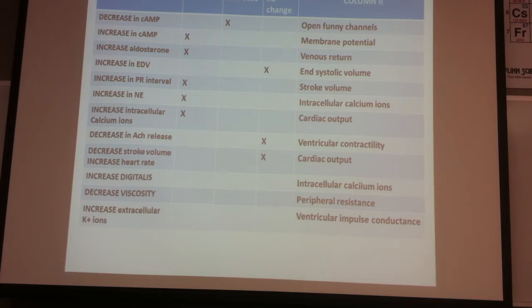The reason both happen is to keep the status quo. Obviously, they have to happen to the same degree. So if our heart rate decreases to 50 and our stroke volume increases to 100, cardiac output is still 5 liters. There's another spelling change. I changed it. It didn't work.